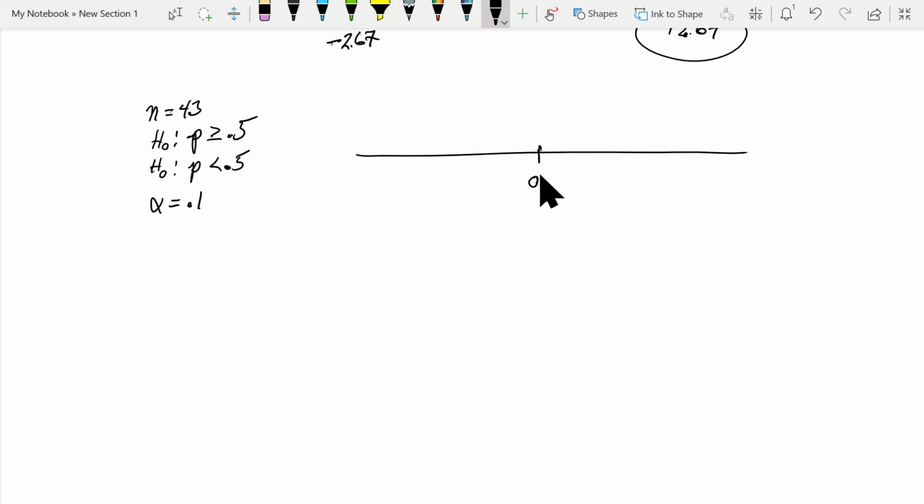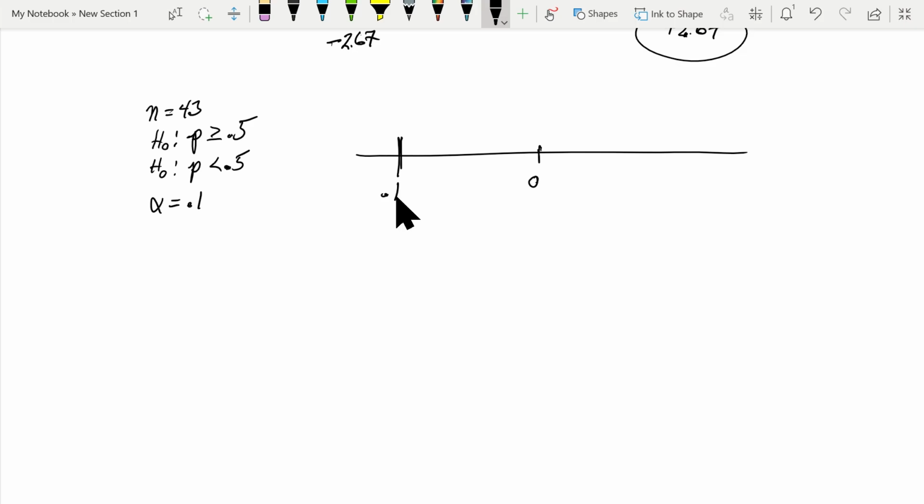The only way I can reject it is if I'm less than half. So there's a lot of ways to remember this. What's my cutoff value for the rejection region? What's the alpha level? 0.1. It's on the low end. Now I have a proportion, and this is irritating at best.